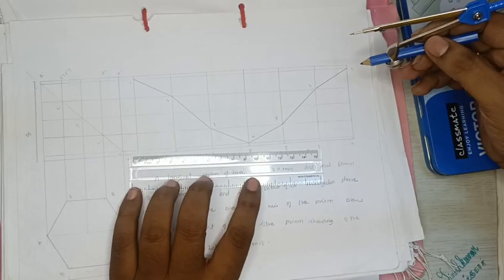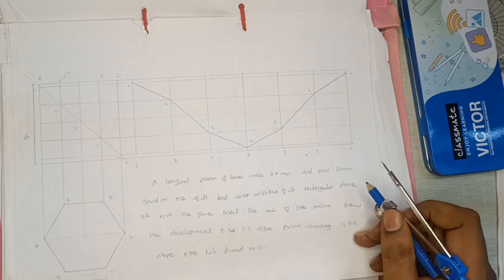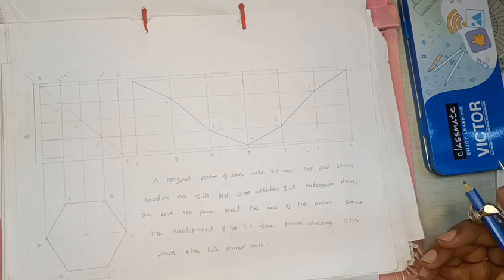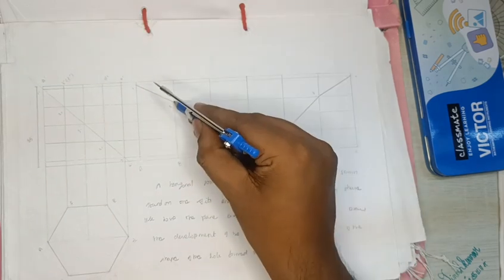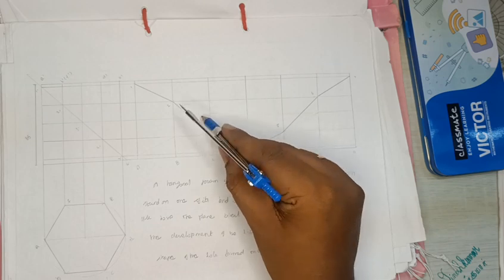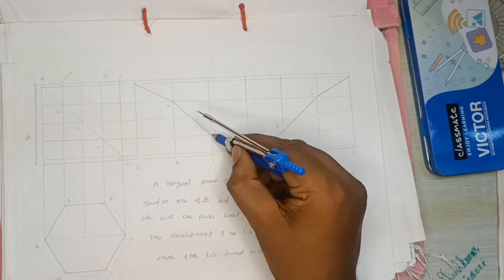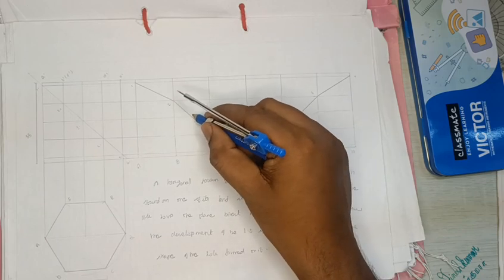Small portion and bottom also cutting the plane, this point. Now mark the cutting points. Top portion first line, second portion second line and third, fourth and fifth.